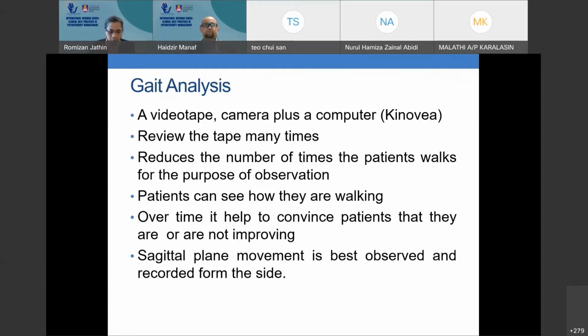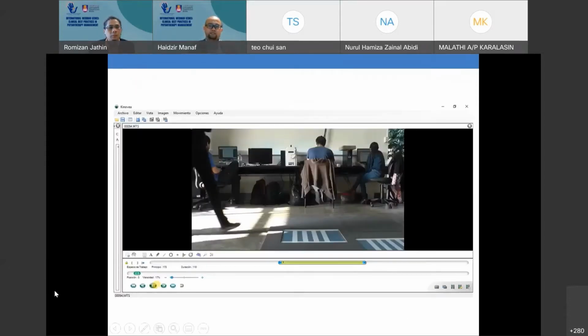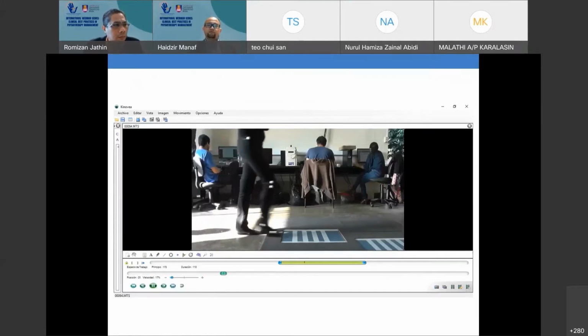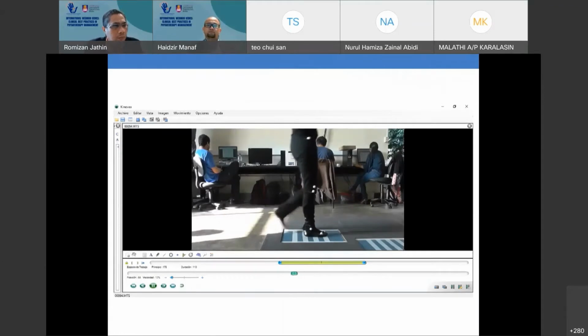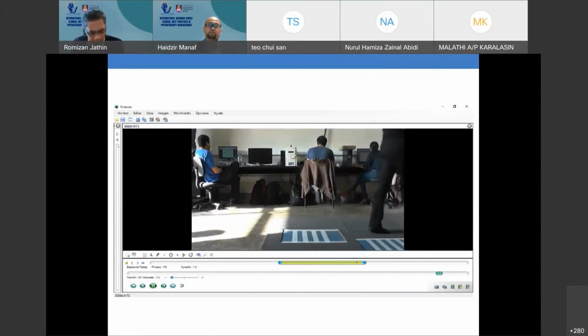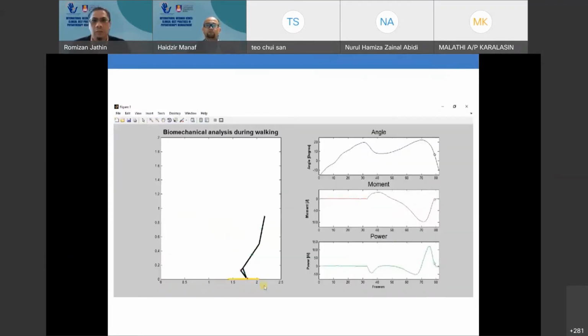gait training. In this gait analysis, the sagittal plane movement is best observed and recorded from the side. In this example, the video we can take from our own handphone. We can slow-mo the movement. We can observe properly, or we can transfer it to the Kinovea software, and we can measure properly by having the angles, moments, and power.